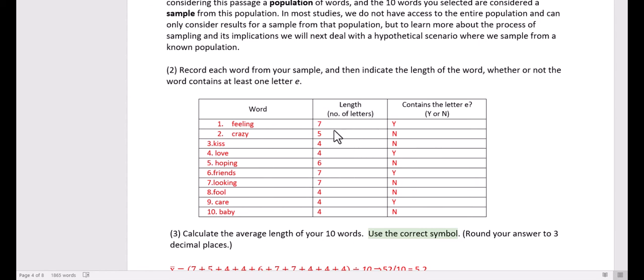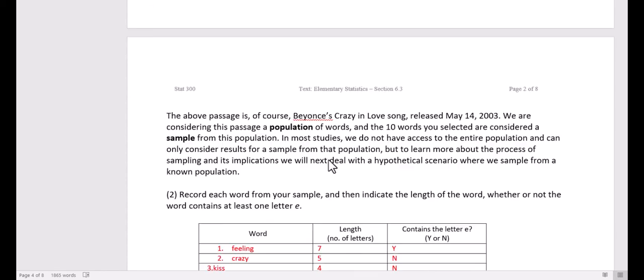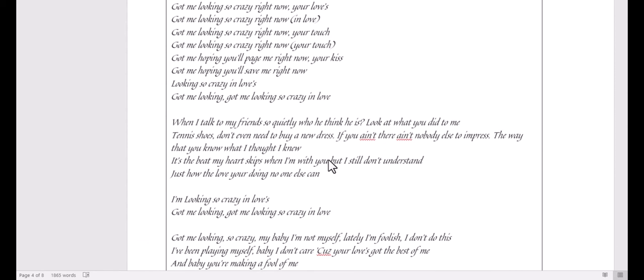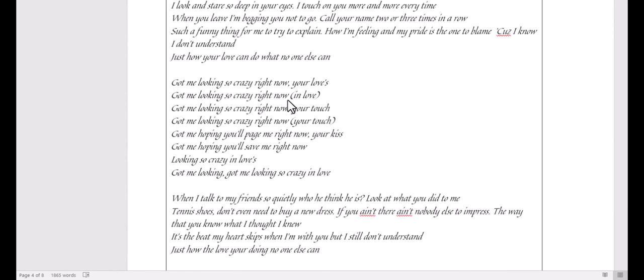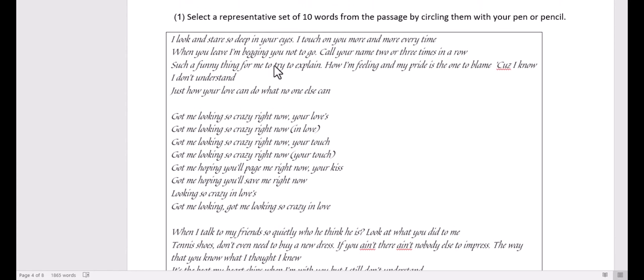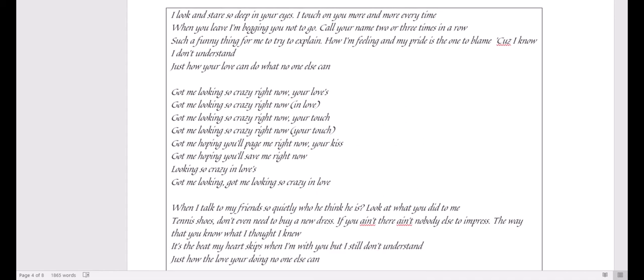Had I known that I was looking for the length of the words, I would have chosen words differently, right? If I want to know the average word length, then I would pick some really short words like "in," and maybe some long words, to get at the average word length. So knowing that information would have helped me choose a better random sample.